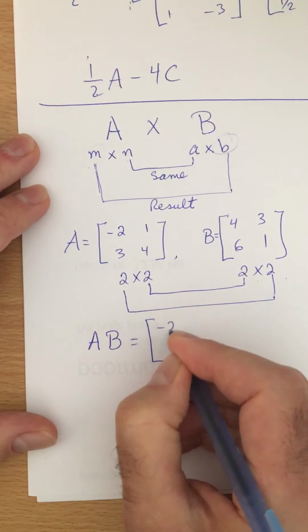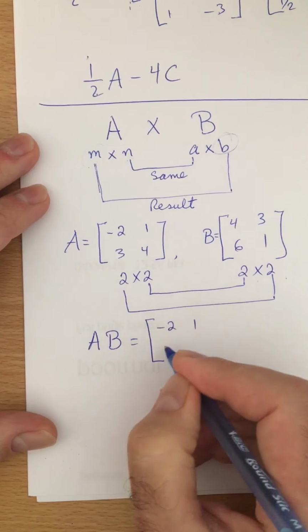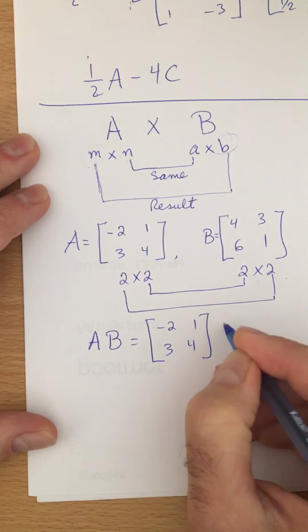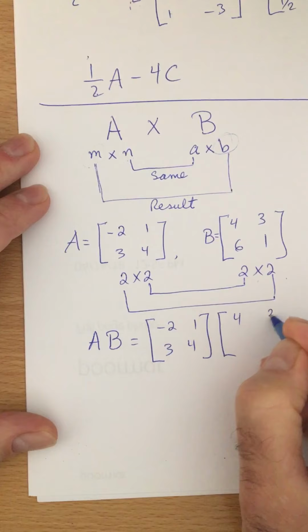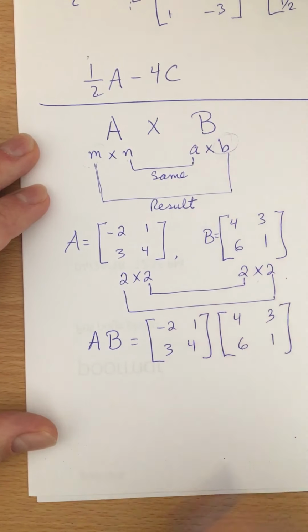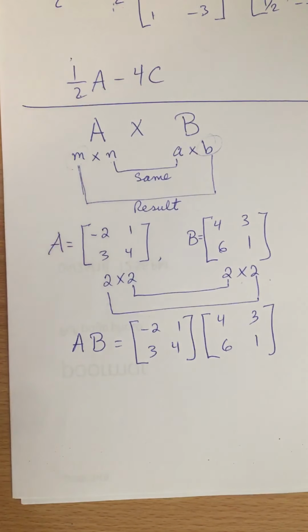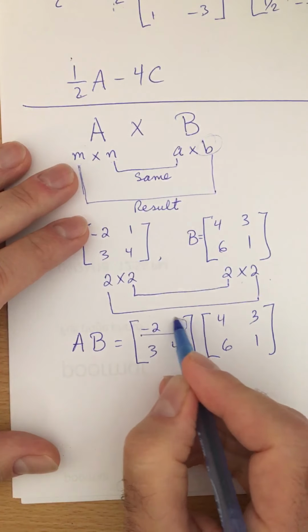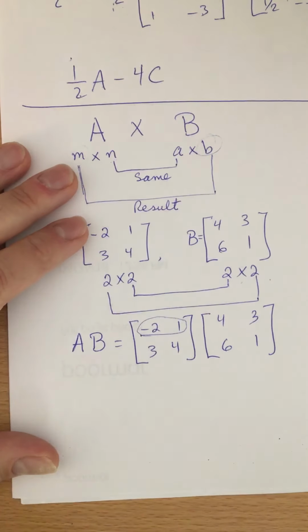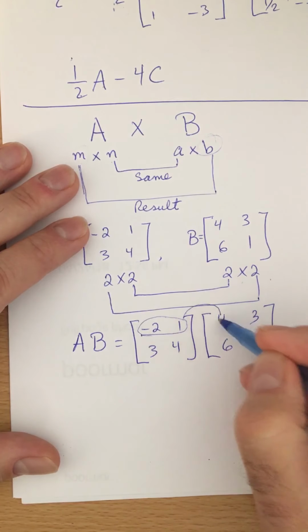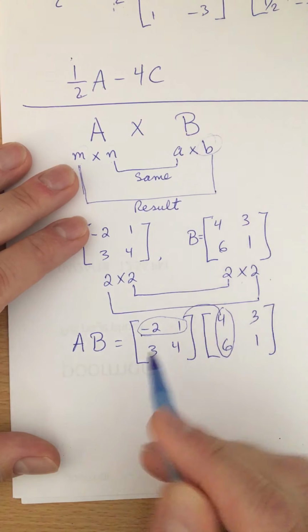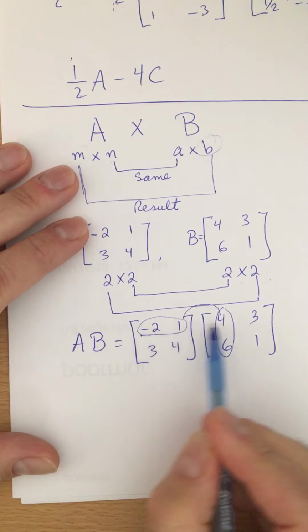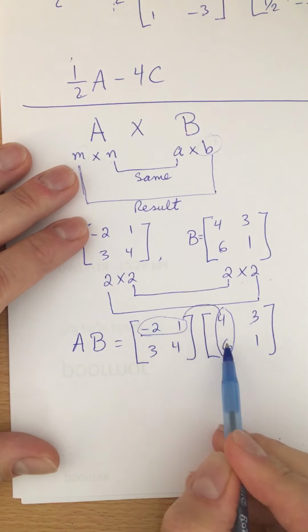I write them next to each other, like this. And what I do is basically a kind of weird distribution. I take this row of the first matrix and multiply it by the first column of the second matrix. That means I distribute. So -2 times 4, 1 times 6.